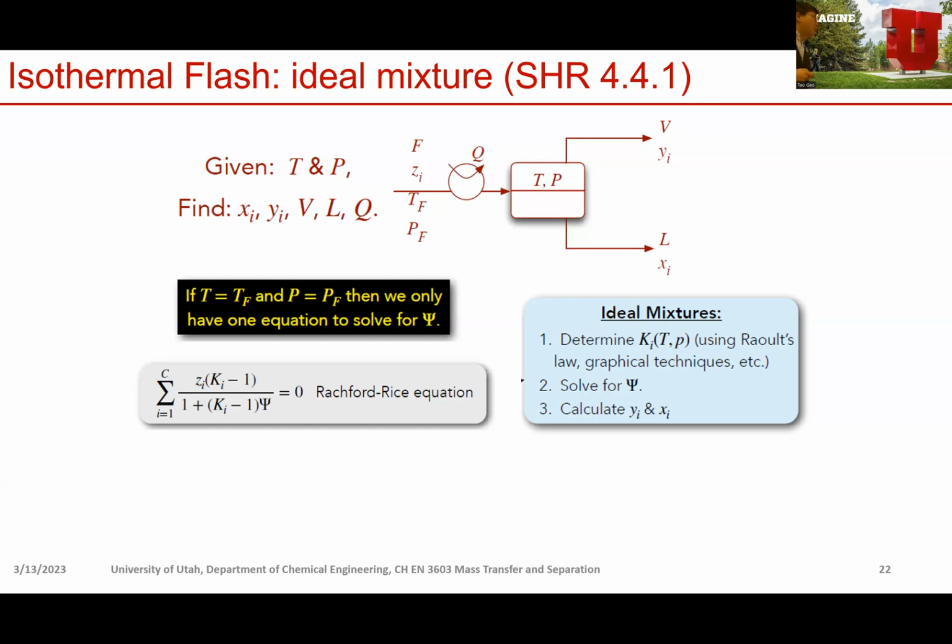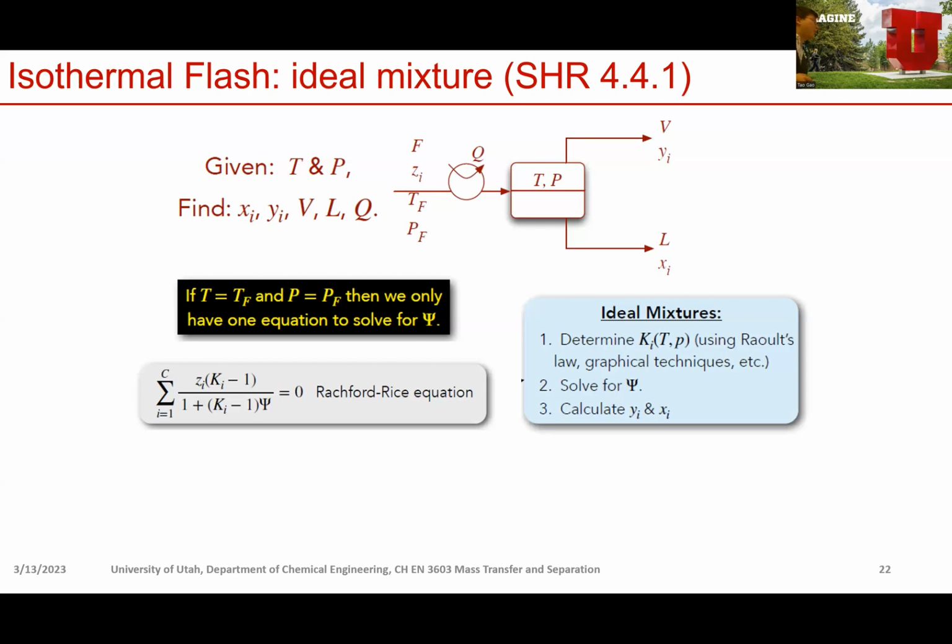Now let's look at this equation. We have the K values, and the compositions are already known. The only unknown here is psi. So we have one equation and one unknown, and theoretically we can solve this equation to get psi. Once we get psi, we can compute the compositions and all the other unknowns.